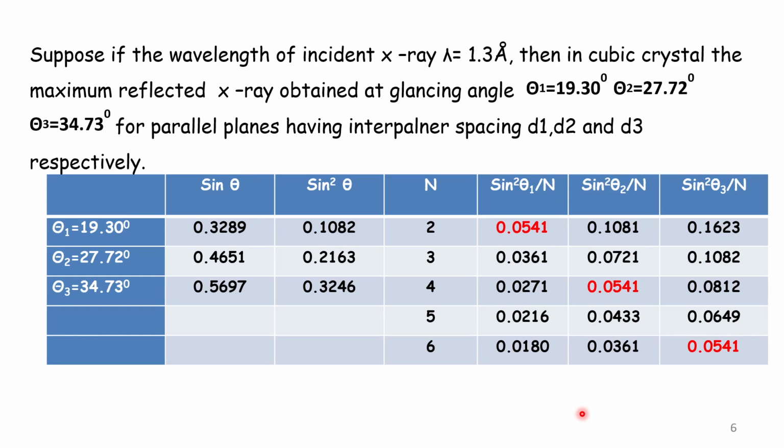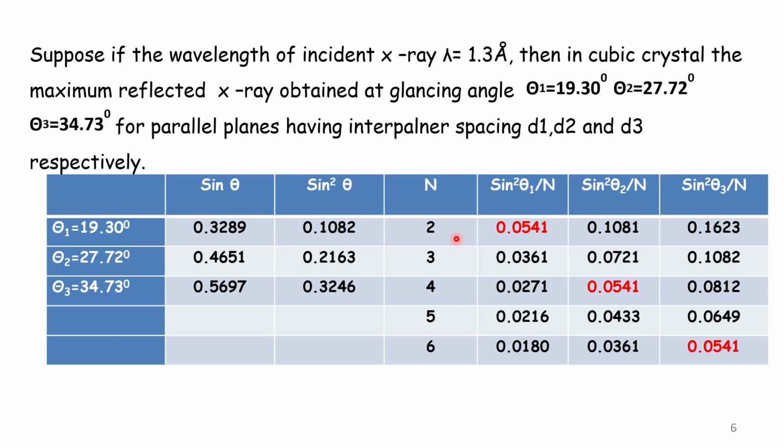Therefore, we can see from the experimental observation, corresponding to these three glancing angles theta 1, theta 2 and theta 3, we can find the value of sine theta and sine square theta.